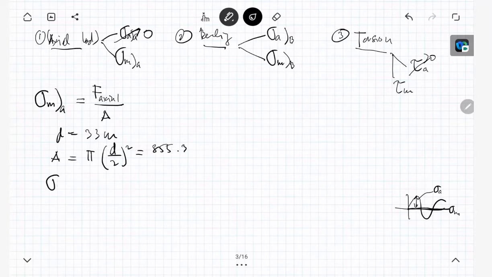The load is just steady loads. There's no alternating. Means for axials, F axials divided by A. So you akan dapat 1.75 megapascals.